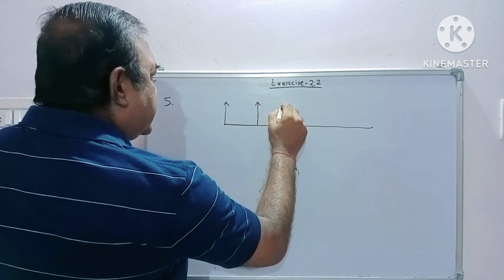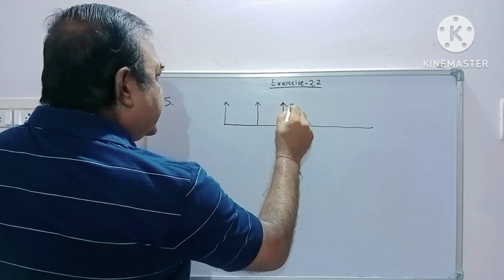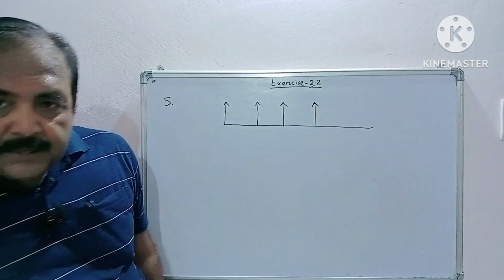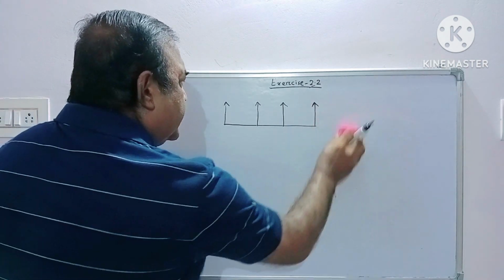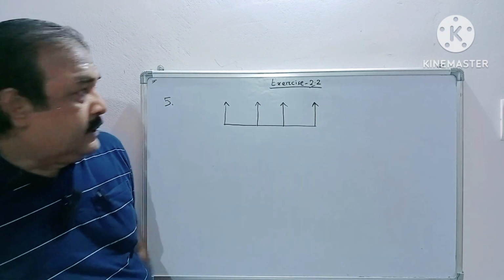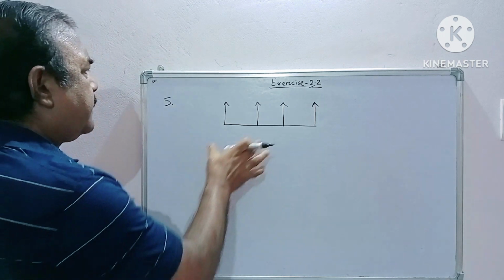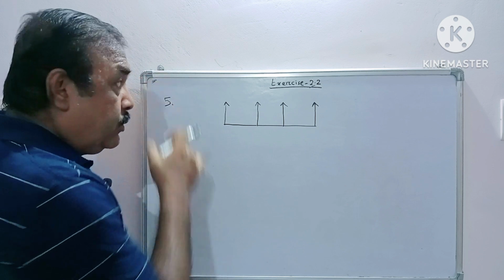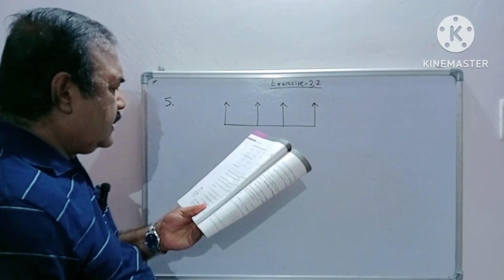That means, just let me do it first, then I will make you understand. So here it is 4 saplings in a row. So in the garden, 4 saplings have been planted here, and the distance between 2 adjacent saplings.